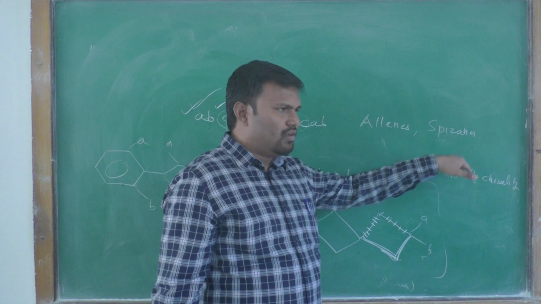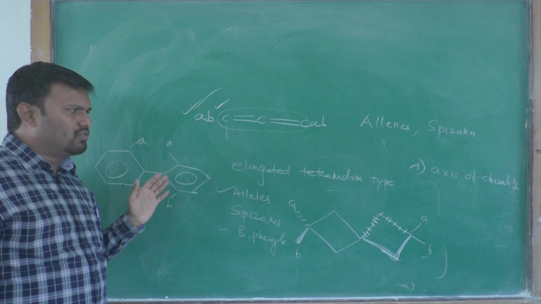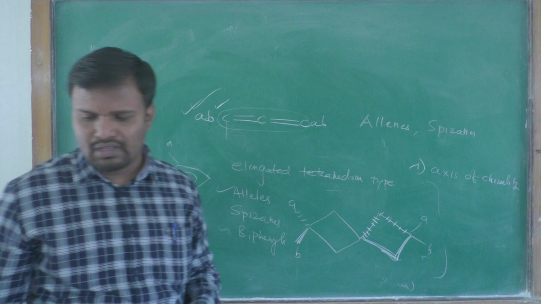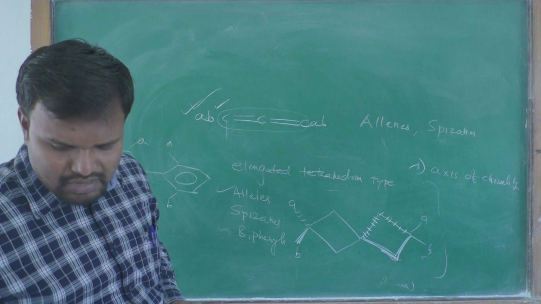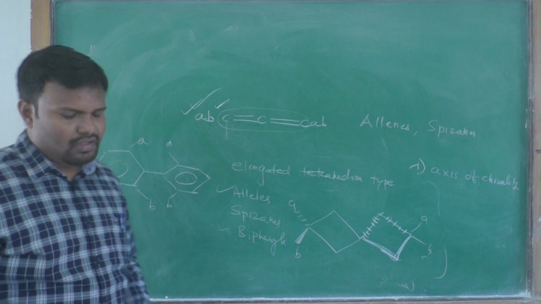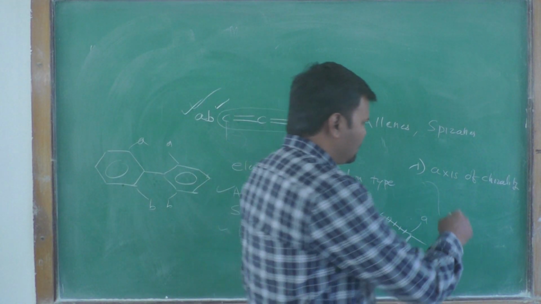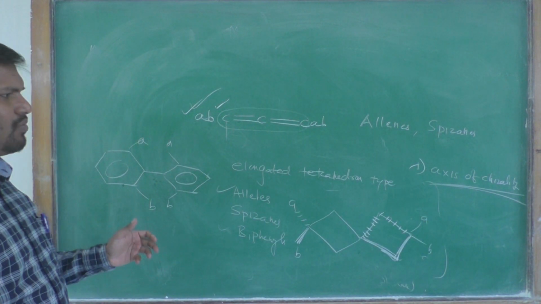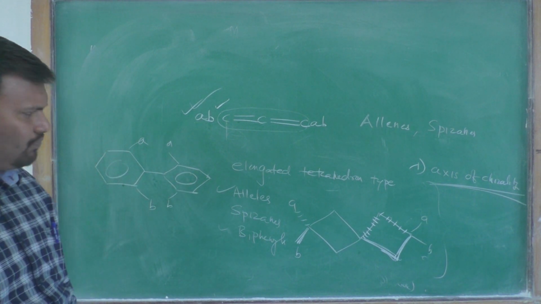An axis of chirality is produced, and these compounds are optically active because an axis of chirality is present. This is about these three compounds. There is an axis of chirality present, and due to it, these compounds are optically active.